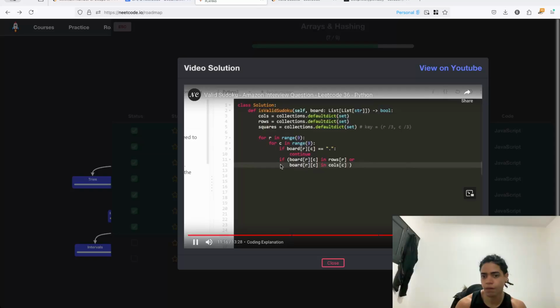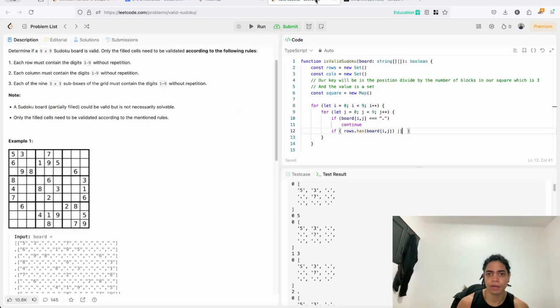So if this value has already occurred in the current column that we're in, exactly, because the whole point of this is to say, is this value, we need to check.